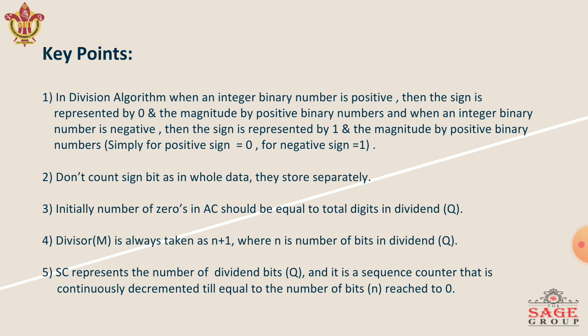And when an integer binary number is negative, then the sign is represented by 1, and the magnitude by positive binary number. Simply, positive sign equal to 0 and negative sign equal to 1. It is under the sign magnitude representation.